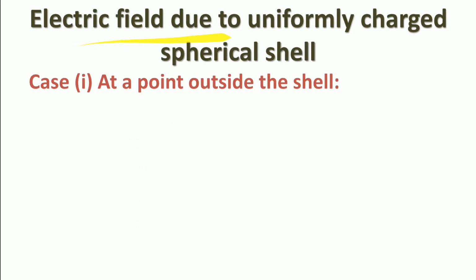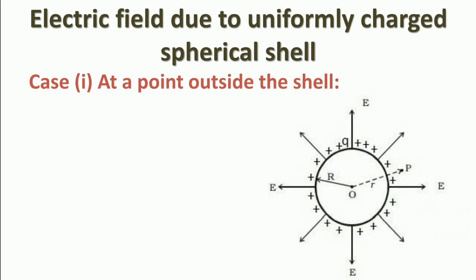Moving ahead with the next application, which is electric field due to a uniformly charged spherical shell. In case 1, we need to find the electric field at a point which is outside the shell. So let us consider this shell, which has the charge plus q distributed all over the surface of the sphere. We need to calculate the electric field at a distance r from the center of the spherical shell.